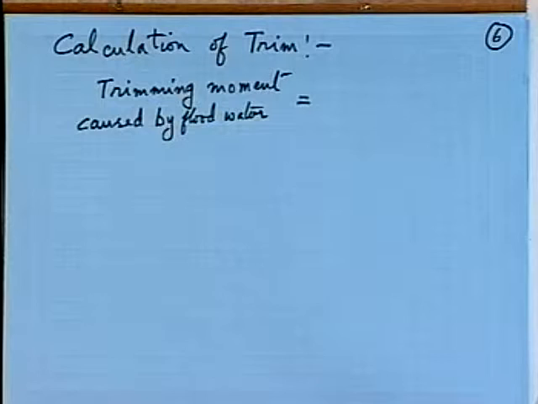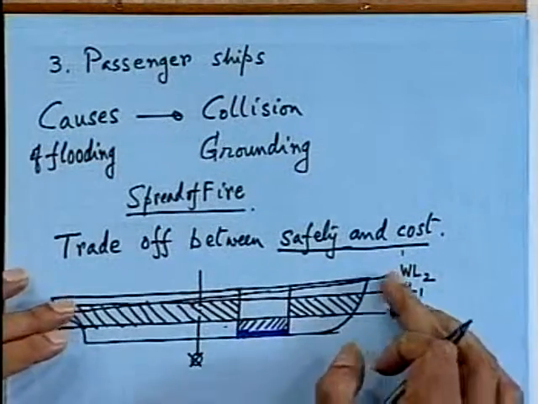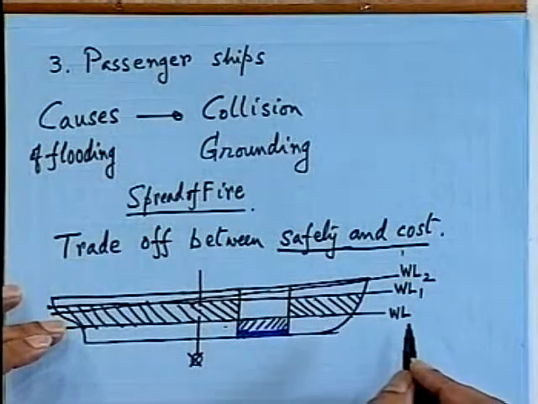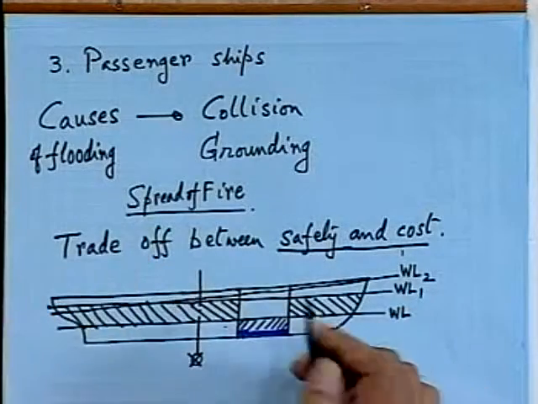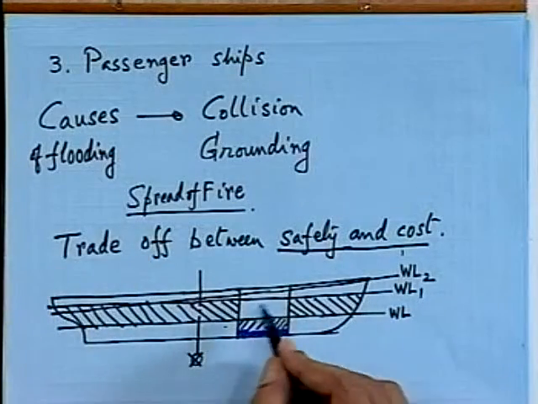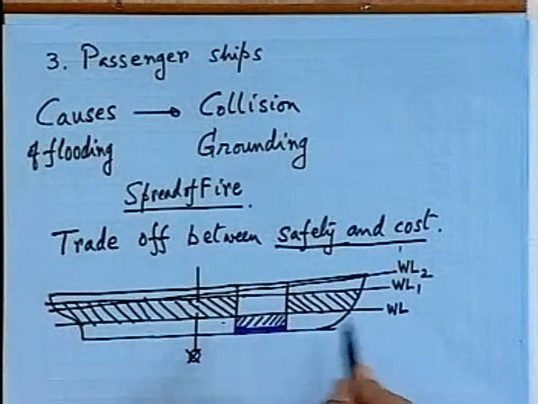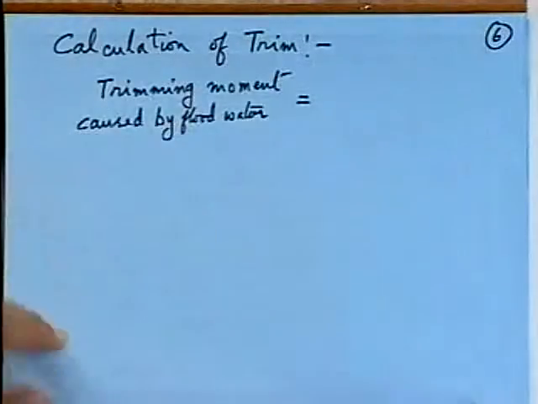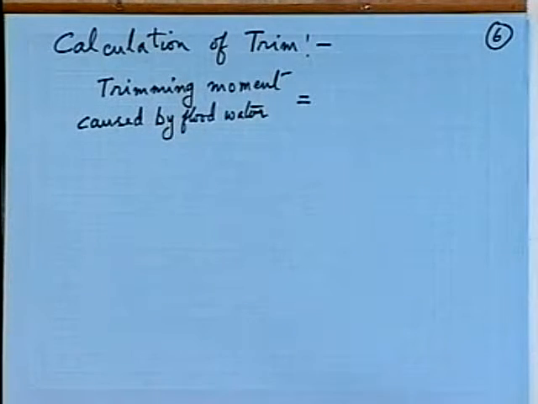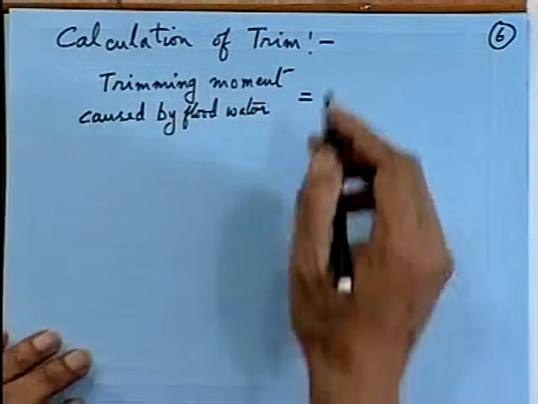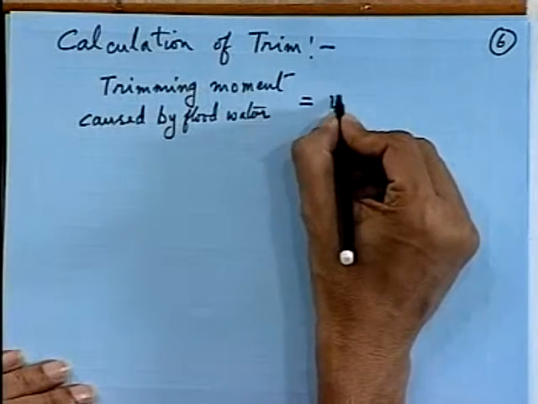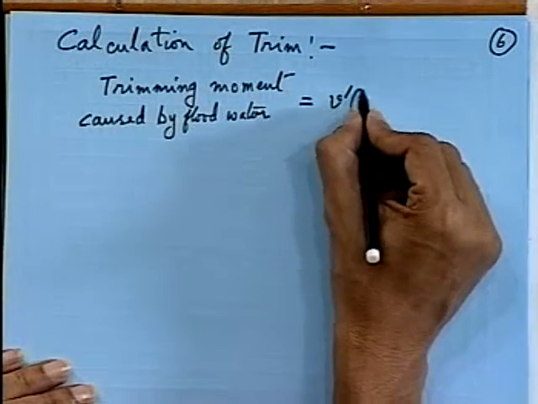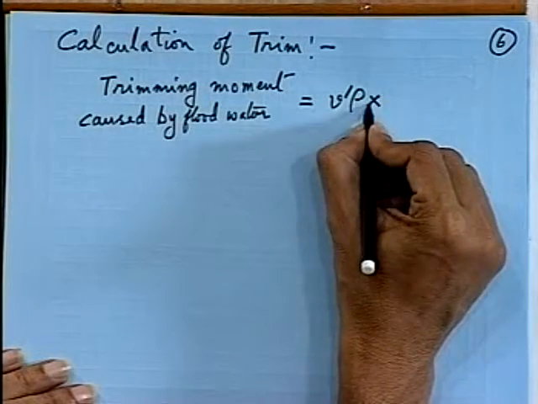If you had sufficient buoyancy in this region, then the ship would not go down, isn't it? The ship would have been floating at the original water line, but the ship is sinking because there is inadequate buoyancy in this compartment. So there is a loss of moment or trimming moment. Now this is caused by, say, the amount of flood water multiplied by rho multiplied by x.